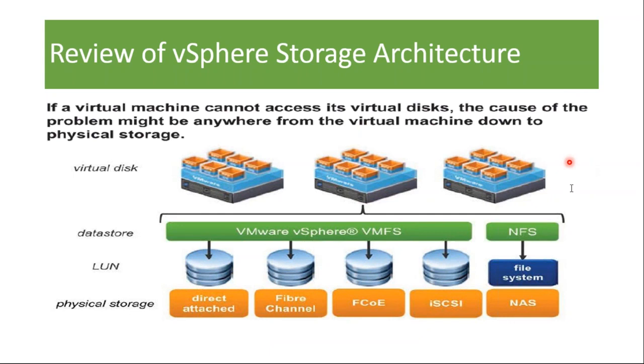FCoE means Fibre Channel over Ethernet. Those ports are available on the latest generation blade servers that hardware vendors are releasing. Over Fibre Channel, you are providing storage to an Ethernet adapter.